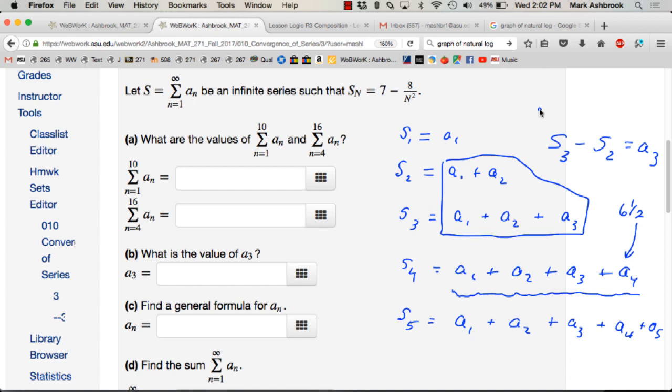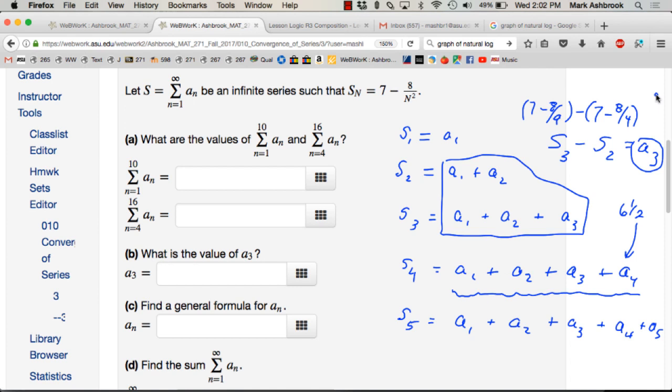If you took S3, the sum of the first 3 terms, and subtracted the sum of the first 2, that would be the third term. So then we could use the formula to do that. S3 would be 7 minus 8 over 9, and then we could subtract 7 minus 8 over 4. Whatever that number comes out to be, that has to be the third term of the sequence.